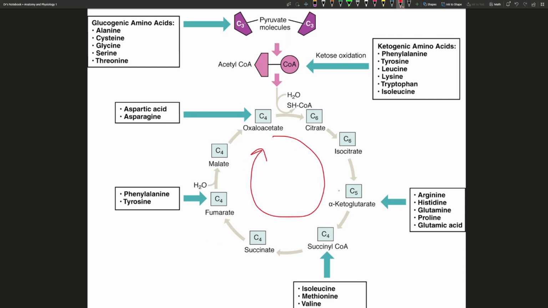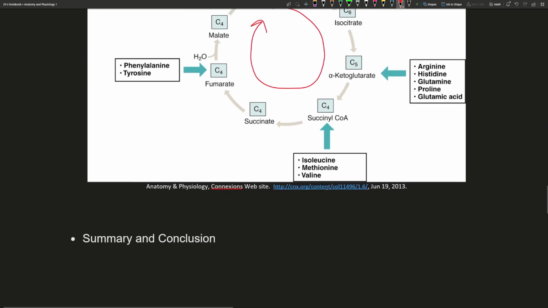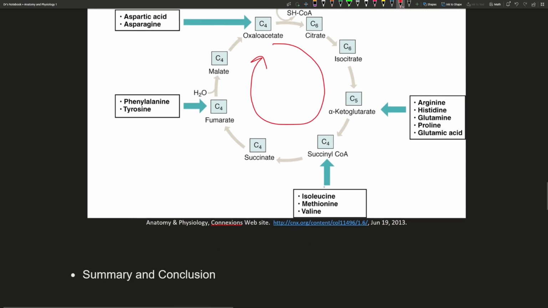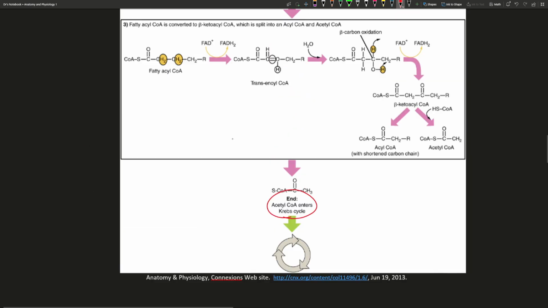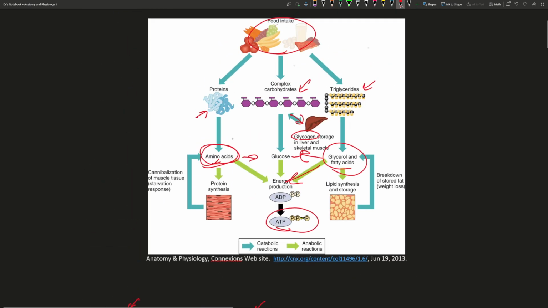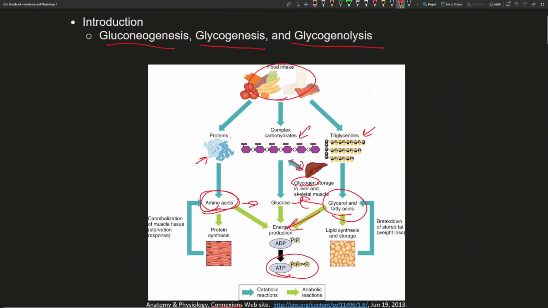They can come into different steps in that cycle and so forth. So a lot going on, I know, but your body gets energy from all these sources. And so this shows that. So that food intake, all of it can arrow back here and then end up becoming ATP.